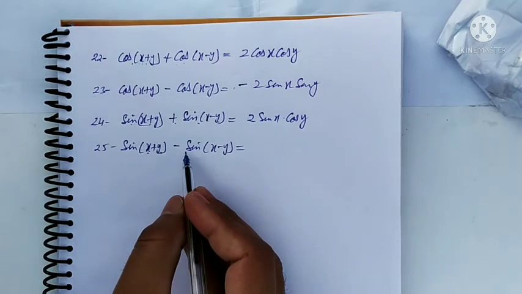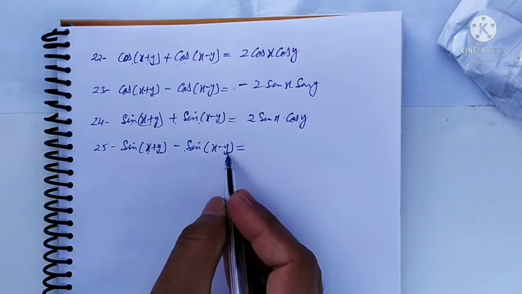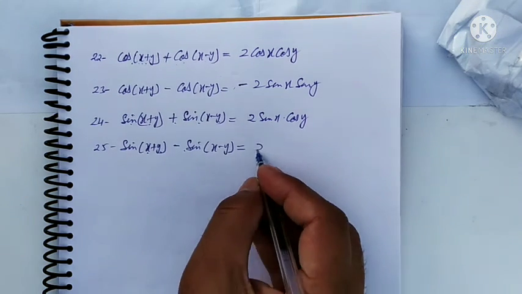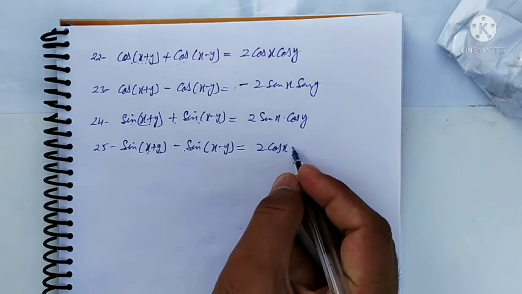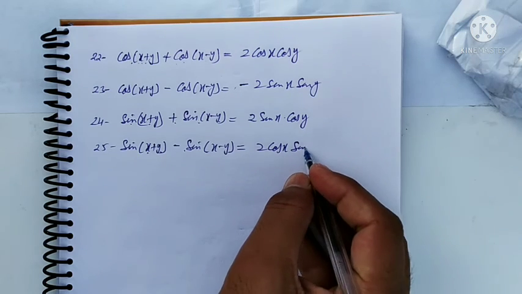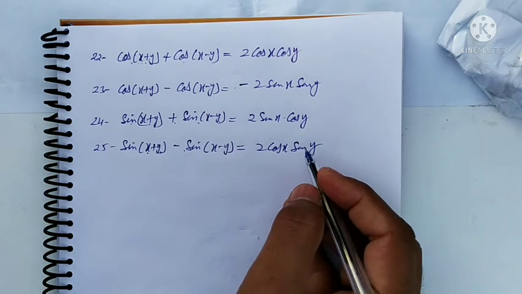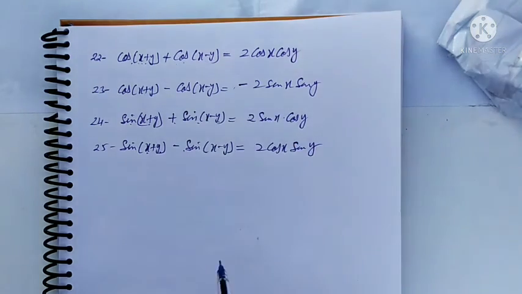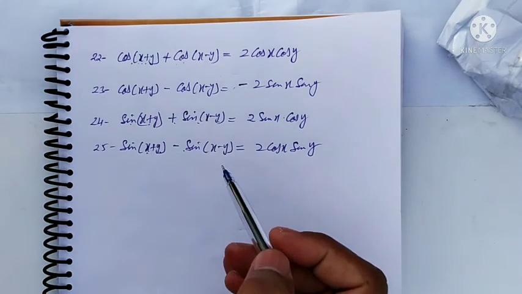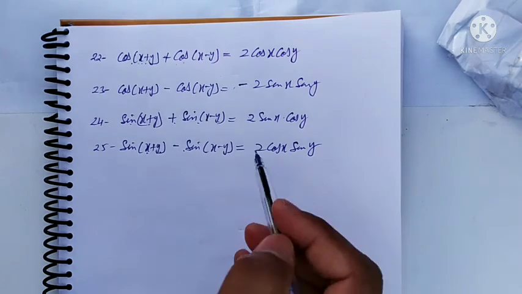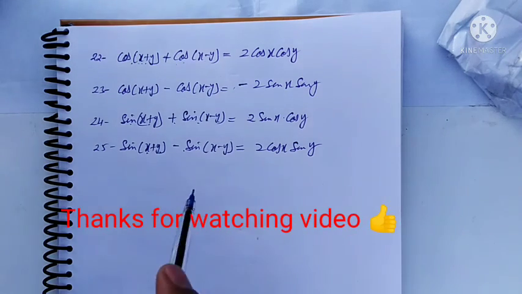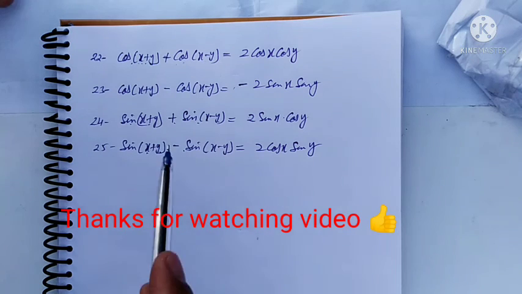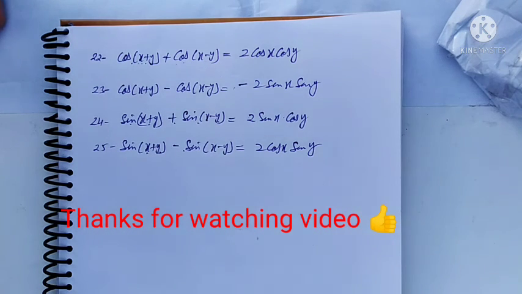And then sin x plus y minus sin x minus y, you will get 2 cos x sin y. If you remember and learn these formulas, then this exercise 3.2 will be very easy for you. So please remember and learn these formulas, and write them again and again, so you can do the exercise nicely.